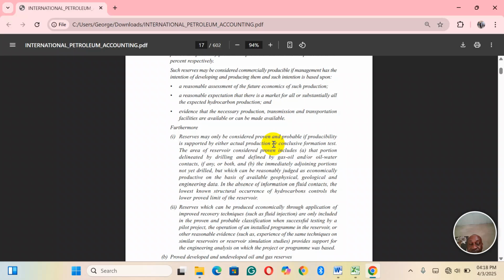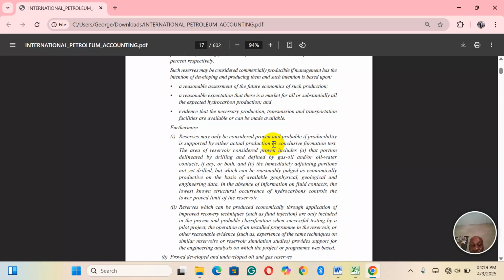So the area of reservoir considered proven includes a, that portion delineated by drilling and defined by the gas-oil and/or oil-water contact, if any, or both, and b, the immediate adjoining portion not yet drilled but which can reasonably be judged as economically productive on the basis of available geophysical, geological, and engineering data in the absence of information on fluid contact.